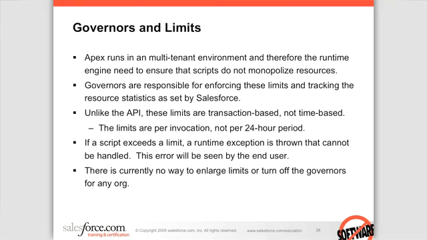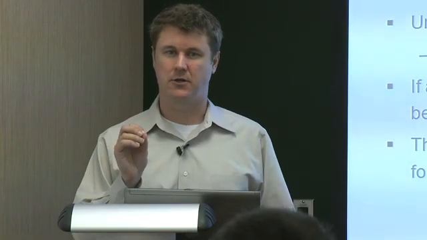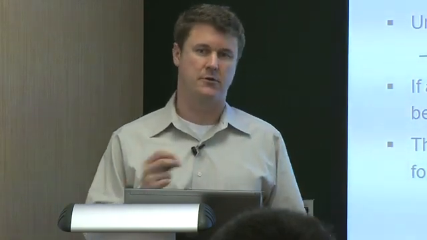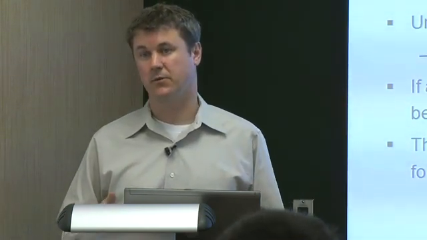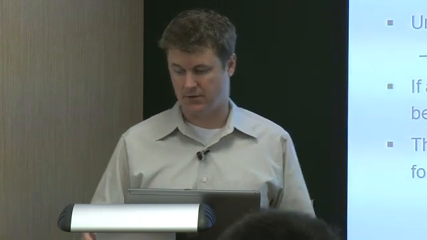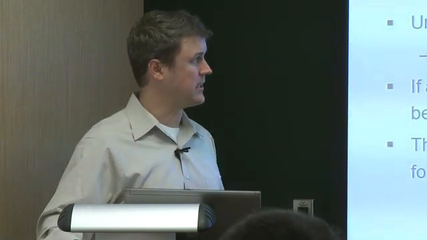There's no way to enlarge these limits. Customers ask if they can buy their way out of them, but they're transaction-based, and it's not something we can toggle on or off. They always apply, and they are not associated with your license type or a different level of license that you might have.